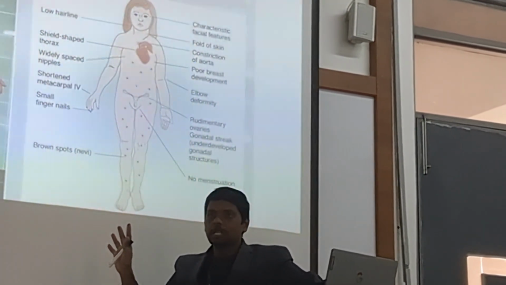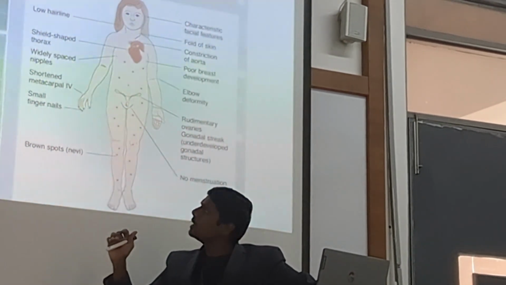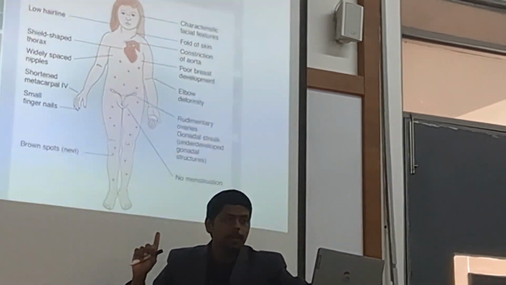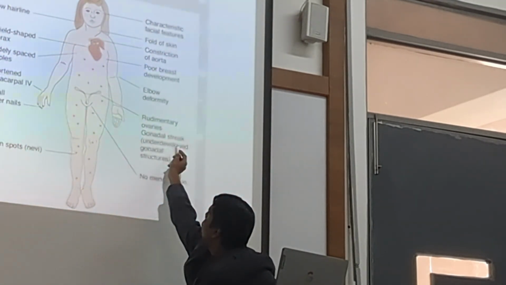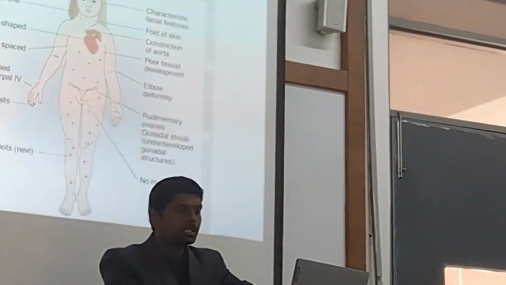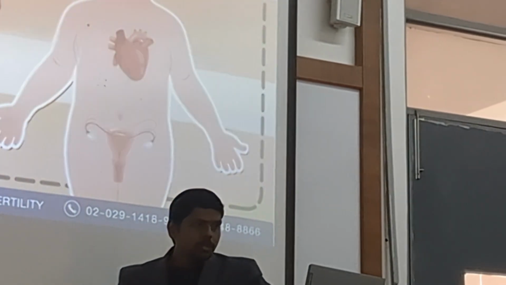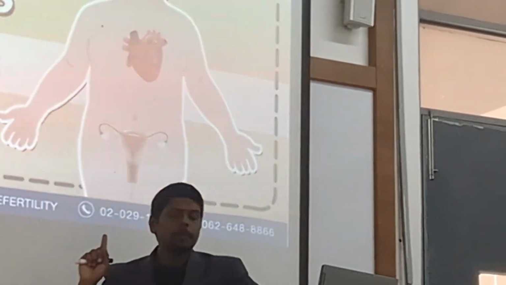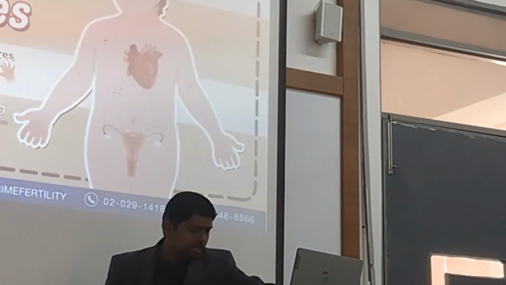Only in some rare cases do we have a successful birth, but usually they will be sterile. Even in the case of Turner syndrome, their ovaries are underdeveloped. So this is all about Turner syndrome. There is a monosomy of one X chromosome. That is called Turner syndrome.